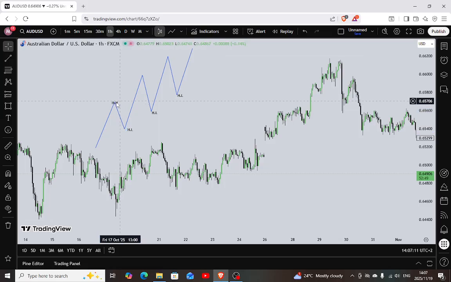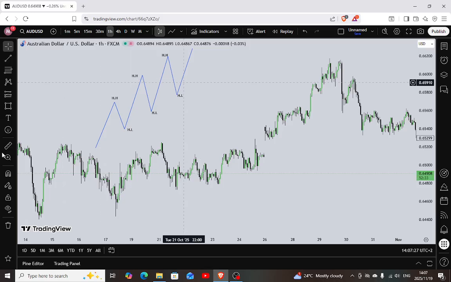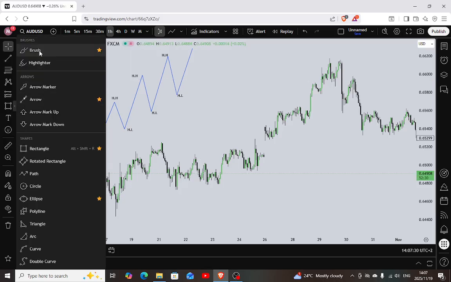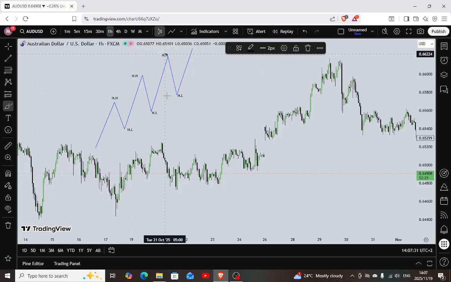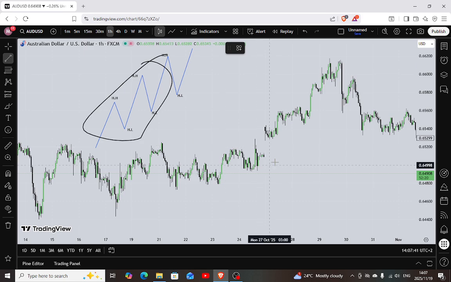This is gonna take a little while, so your patience will be really appreciated. So basically this is what we call an uptrend. If you see the market making higher highs and higher lows, that's called an uptrend.